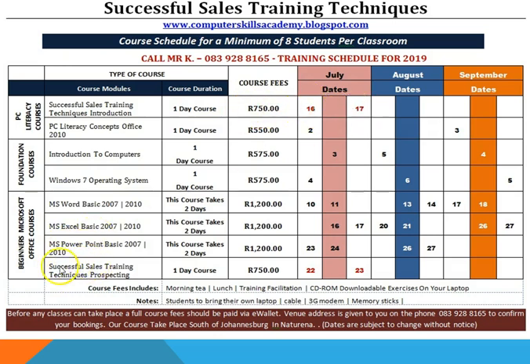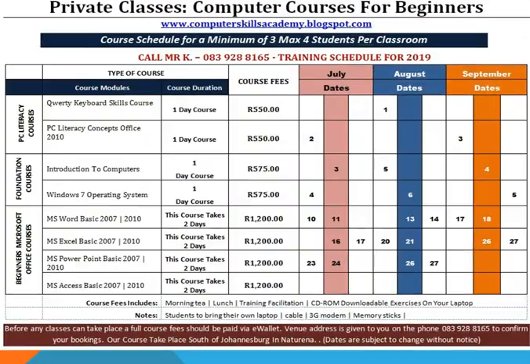And then prospecting is just a technique on how to prospect using different methods. It's a 1-day course, and it starts on the 22nd and the 23rd of July. And then the dates for August and September will be updated as and when there is need for those courses. The second table here is called private computer classes for beginners.